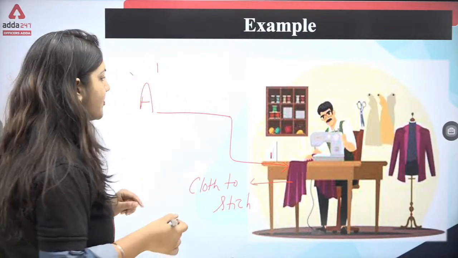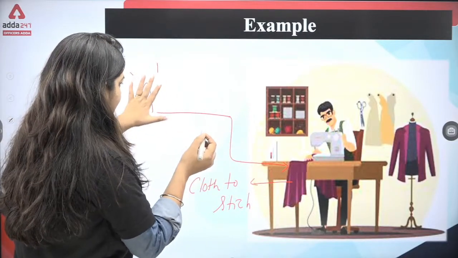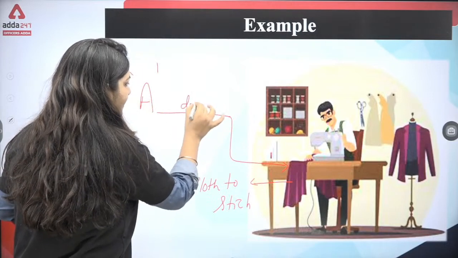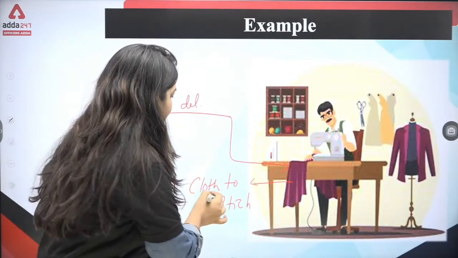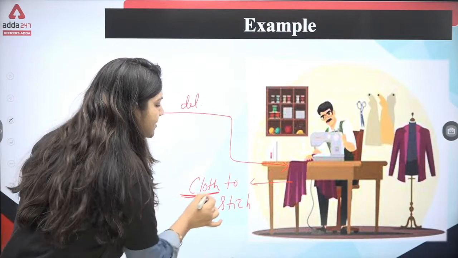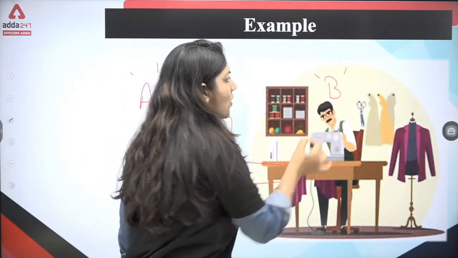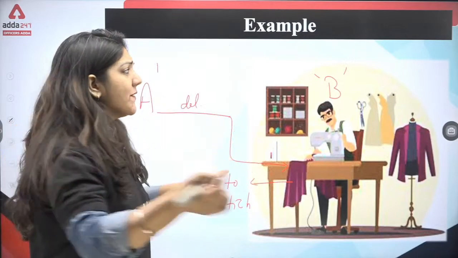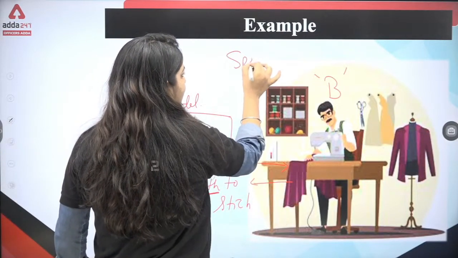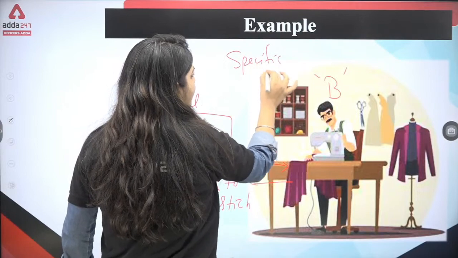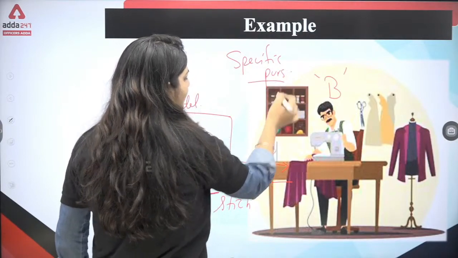Now, suppose this person delivers goods to this person, suppose this is person B, for a specific purpose. What is the specific purpose here? The specific purpose is to stitch this cloth.